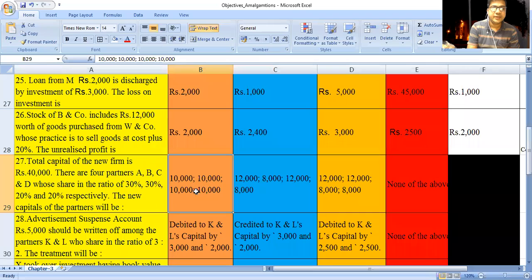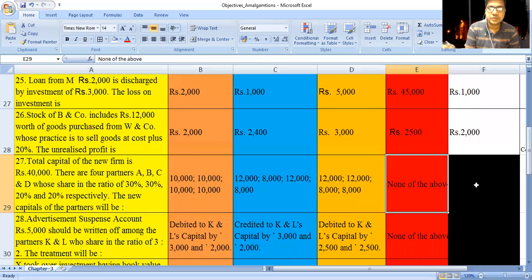Options: each partner gets 10,000. Partner A 12,000, B 8,000, C 12,000, and D 8,000. Option C: partner A 12,000, partner B 12,000, partners C and D 8,000 respectively. And the fourth option is none of the above. So what will be the answer?